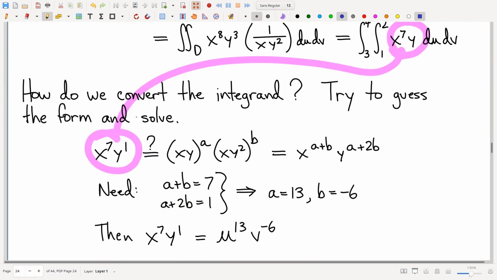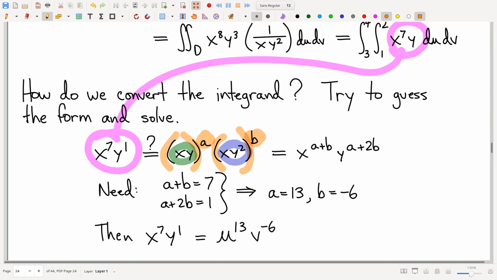Okay, now let's just think out loud for a second. If I wanted to find a relationship between products of powers of x and y, and I wanted to do something to those to turn it into a different product of powers of x and y, I propose that the reasonable guess would be to take a product of powers of those products of powers, because I know at least that will produce a product of powers, and hopefully I can tweak the a and the b to figure out how to make this work.